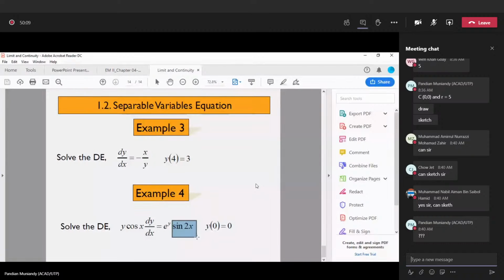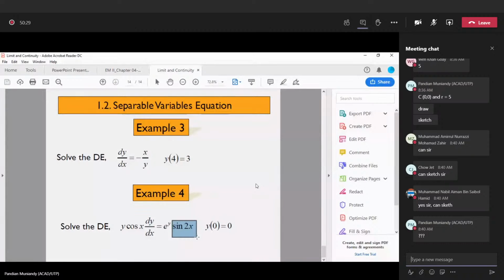But the c you do not need to write here because we put it on the right-hand side. So your answer will be minus y e^(-y) minus e^(-y) equals minus integration of sin, which is minus 2 cos x plus c.